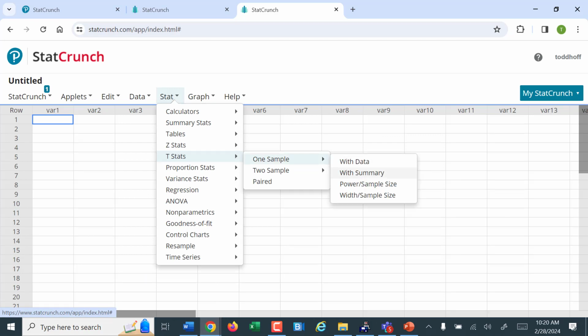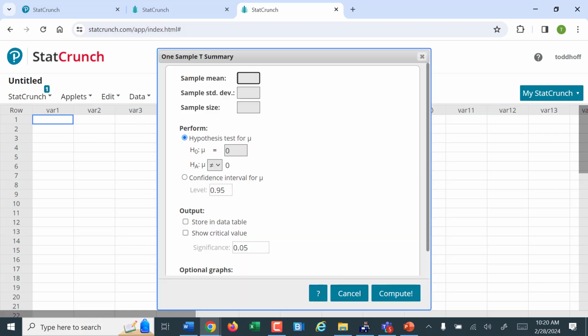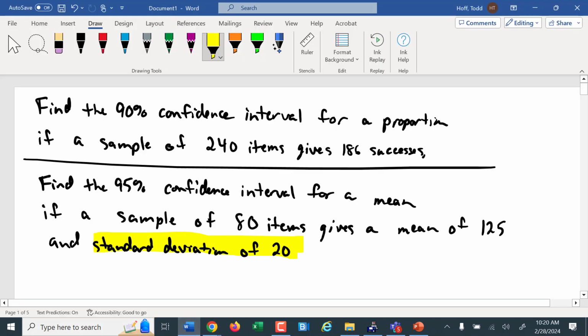And with the summary again, we don't have all the individual responses. We just have the mean of the sample. So our sample mean was 125. Our sample standard deviation was 20, and our sample size was 80. Let me double check those numbers. Yeah, mean of 125, sample size of 80. There we go.